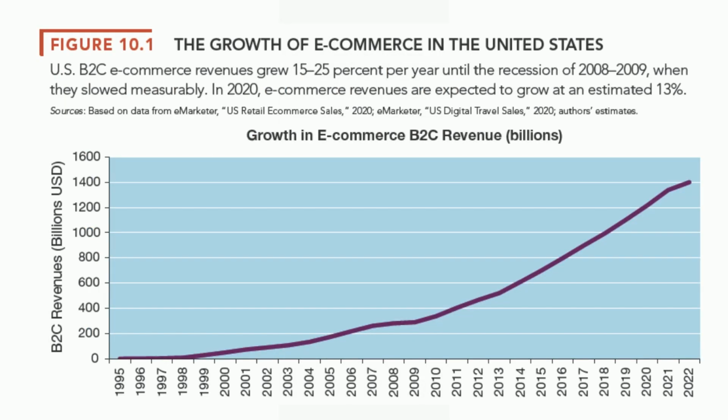Now let's see this graph. So this graph shows the growth of B2C e-commerce. B2C is business to customer. It's the revenue in the United States from 1995 until 2022, sorry. The y-axis shows the growth in e-commerce, which is B2C revenue in billions.